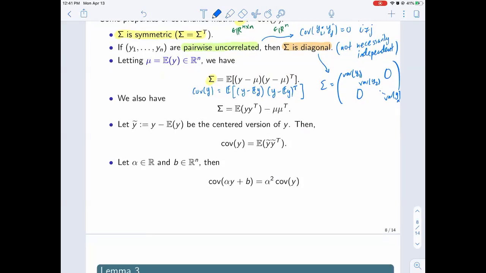Subtracting the expectation gives us a centered random variable.